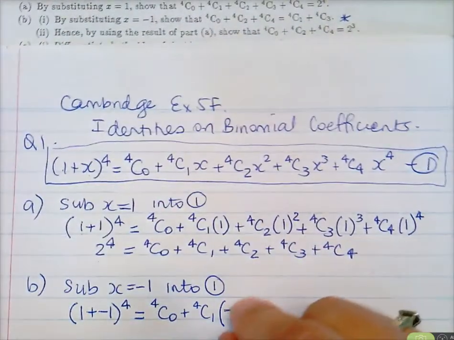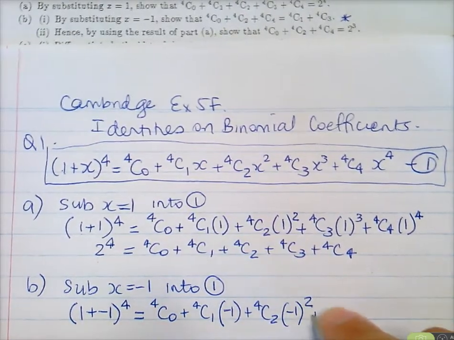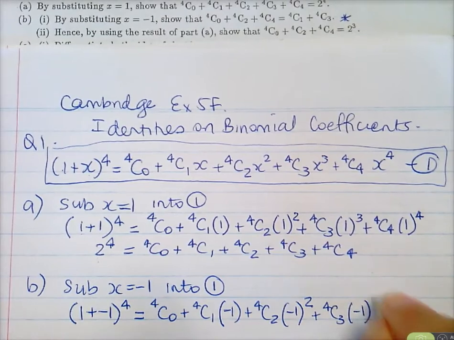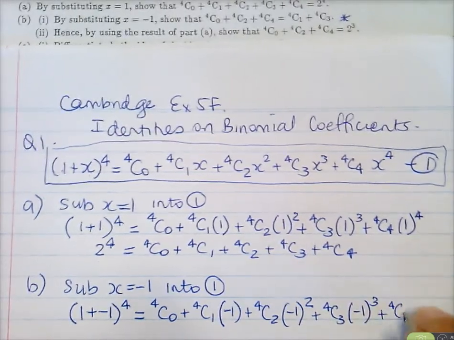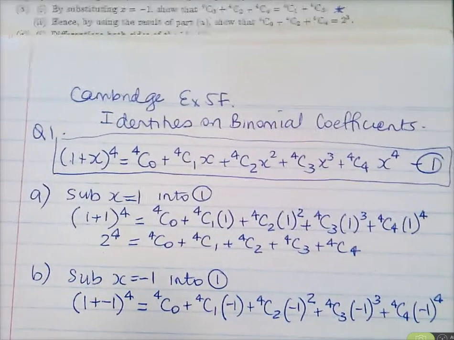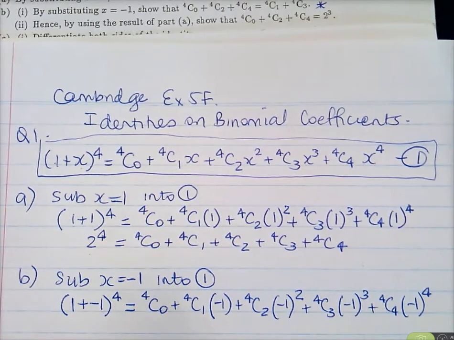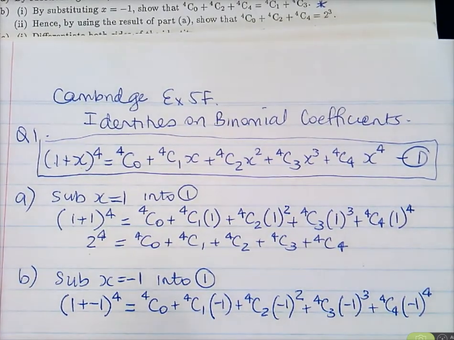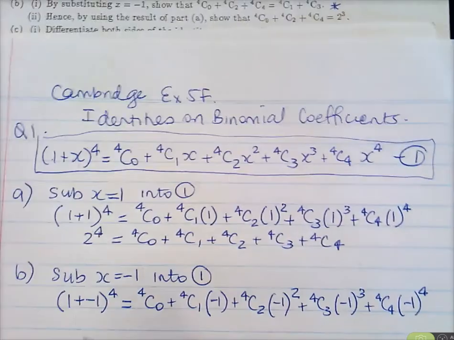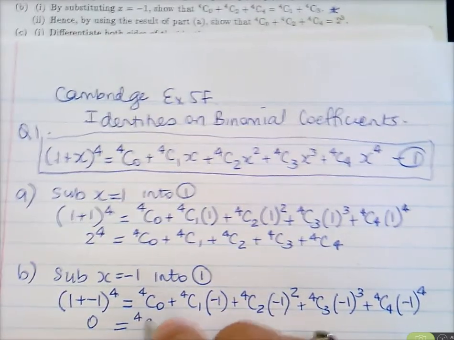Plus 4C2 times (-1) squared plus 4C3 times (-1) cubed plus 4C4 times (-1) to the power of 4. You don't start with that. Definitely not. 0 to the power of 4, or just 0, is 4 choose 0.